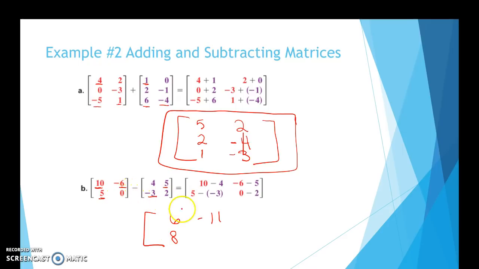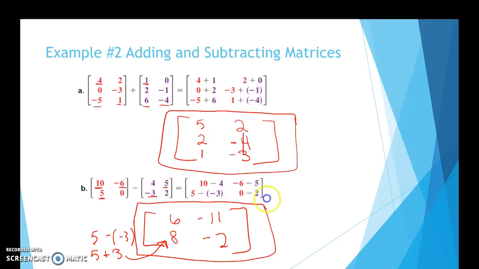And 0 and 2 to get -2. Notice here with this 5 and -3, this is 5 minus a -3. Well, double negatives, 5 minus -3 is 5 plus 3. So that's how I got 8 right there. All right, so here is my answer when we subtract that matrix.